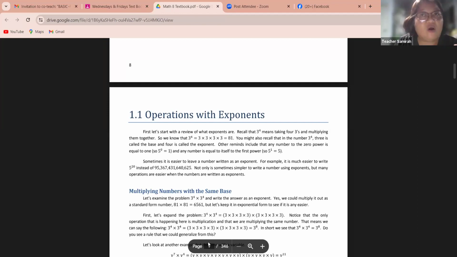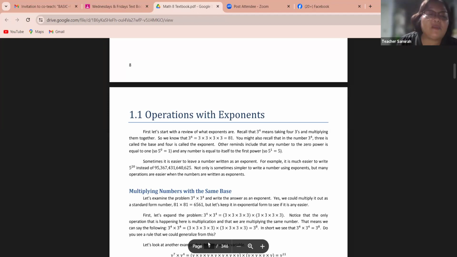But if you are going to multiply 5 by itself 20 times, then you will have 95,367,431,640,625, about 95 trillion. So it is a very, very big number, right?